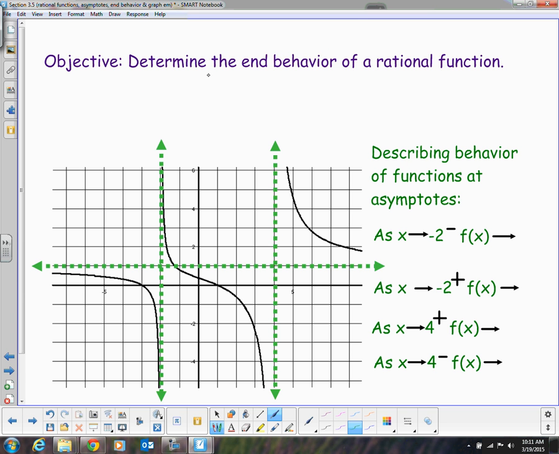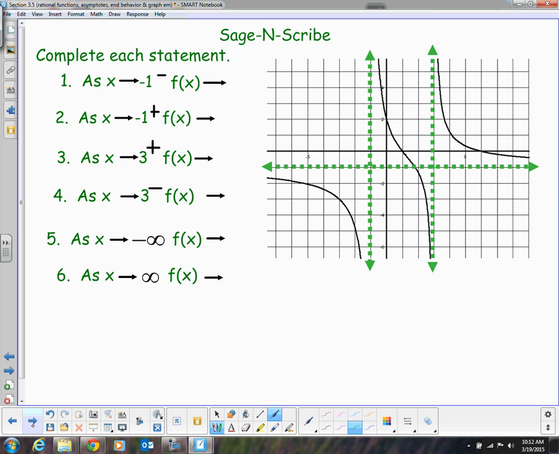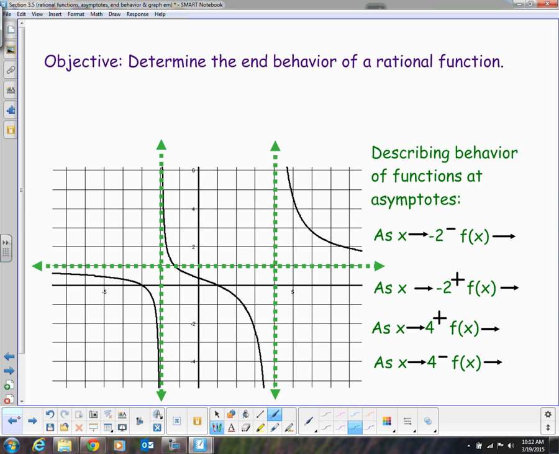All right, now we're going to determine the end behavior of a rational function. Again, describing behavior of functions at asymptotes, all right? So as x approaches, okay, so this is not just end behavior, this is just behavior. So we're describing end behavior. If you need more, there's more. We are determining end behavior and behavior at asymptotes.